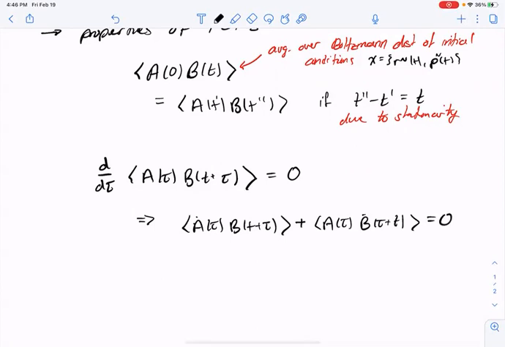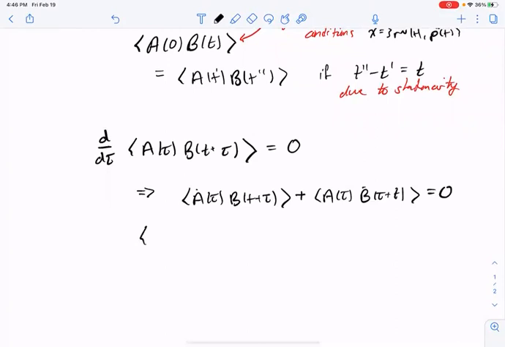And that must be equal to 0 from the line above, meaning that A dot at tau, B at t plus tau must be equal to minus A of tau, B dot of t plus tau.